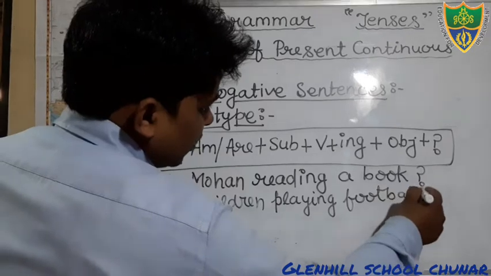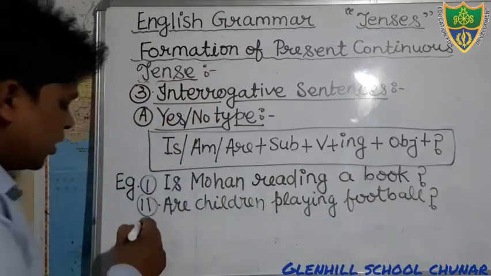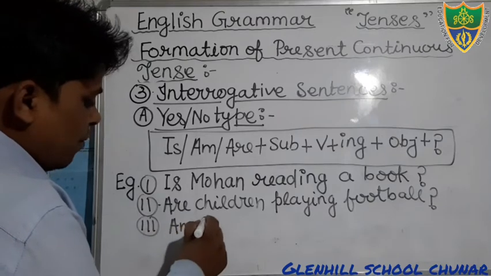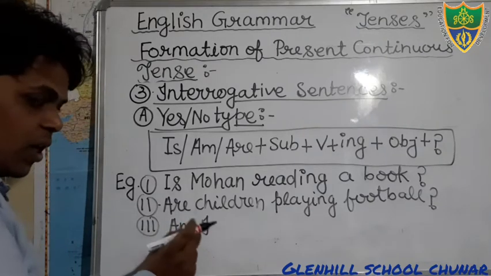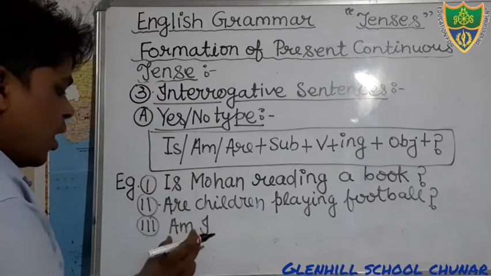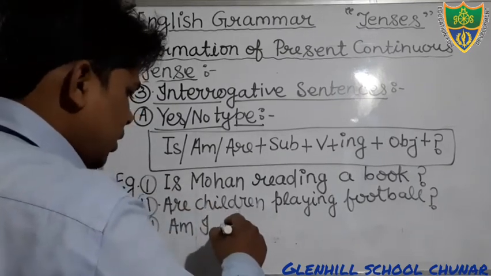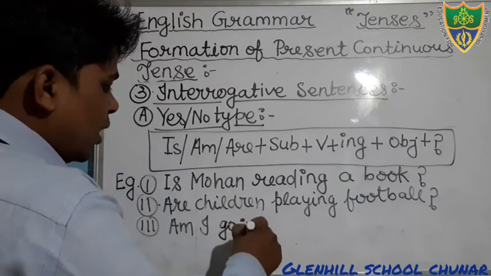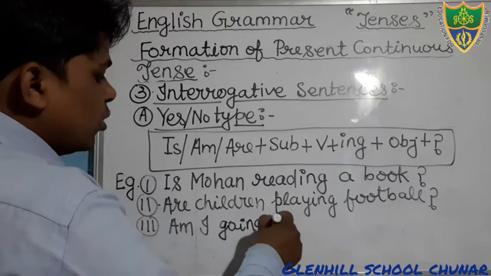Okay, that is another sentence. One more sentence you can see. Am I? With I we all know that we will always use the helping verb am. Am I going? Go is your main verb. Am I going to market?